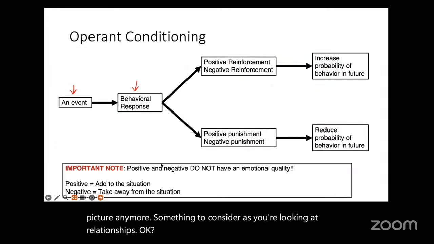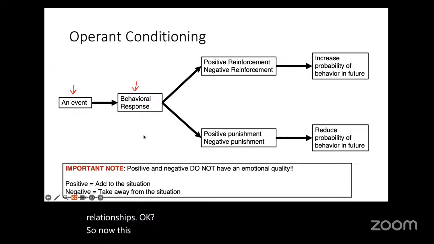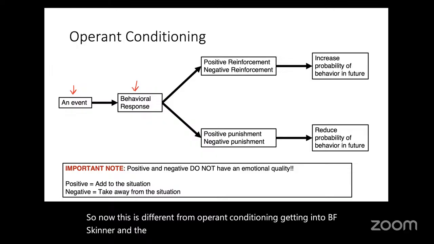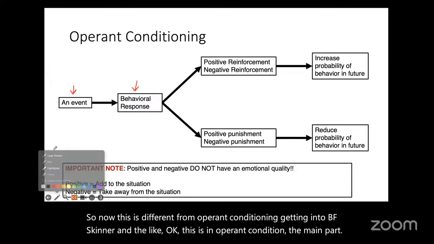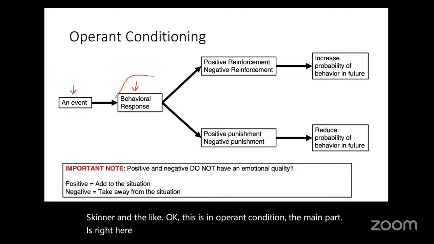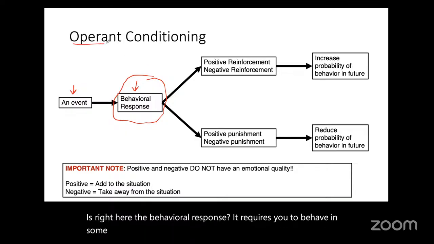So now this is different from operant conditioning, getting into B.F. Skinner and the like. Okay. In operant conditioning, the main part is right here, the behavioral response. It requires you to behave in some way, hence the term operant.